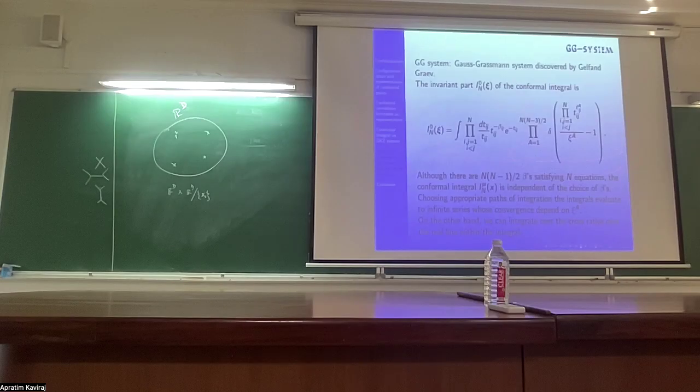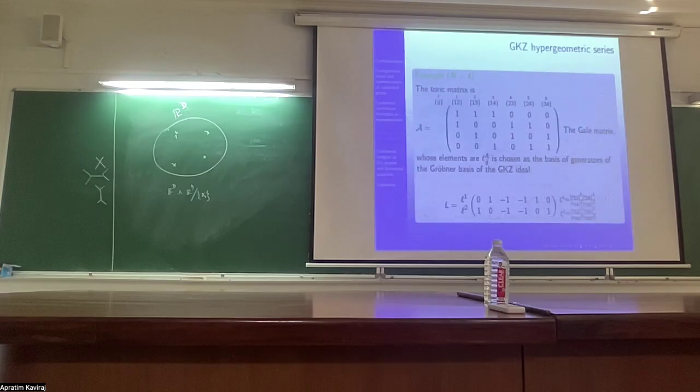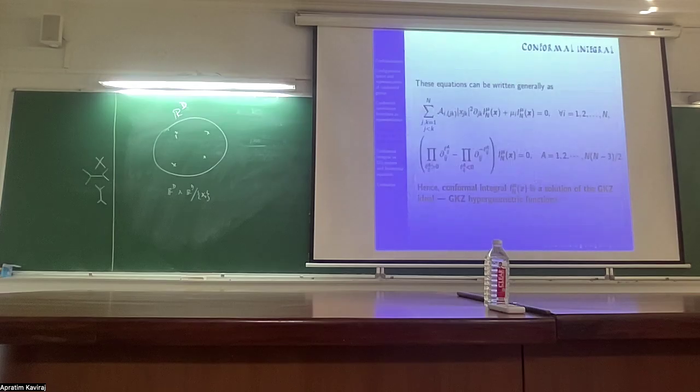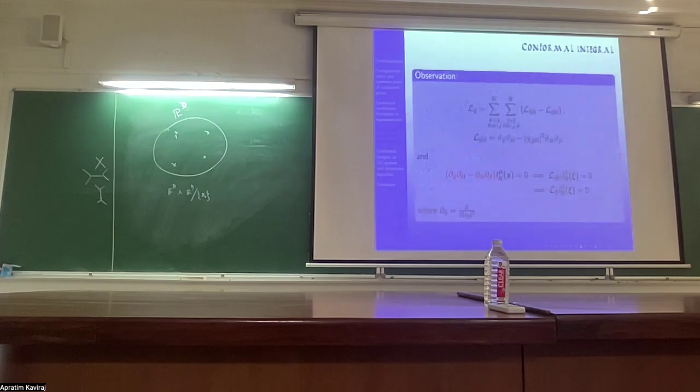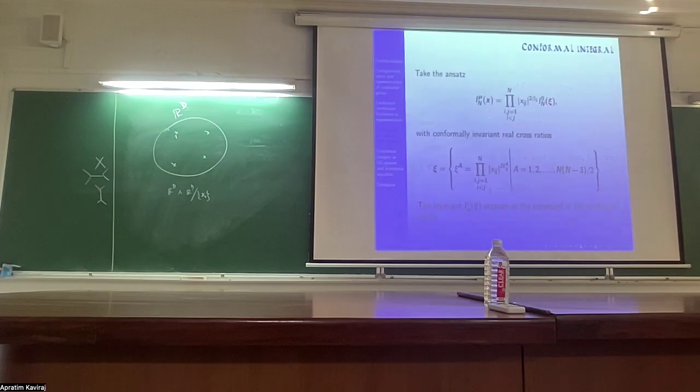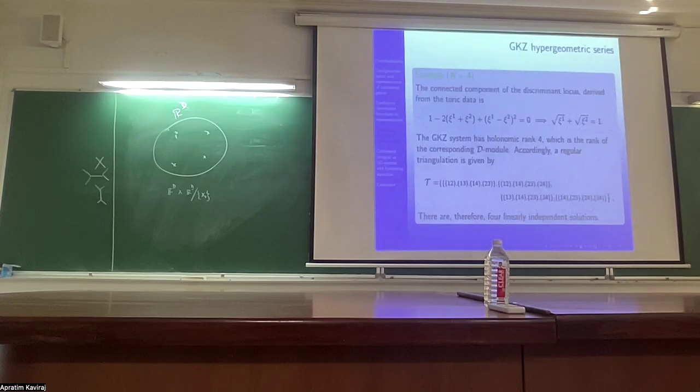I've just lifted it from the paper. You can even prove it for a given toric data A. So given a toric matrix A that I started with, satisfying this system, this I mu would be written as this with this I0 given by this integral.